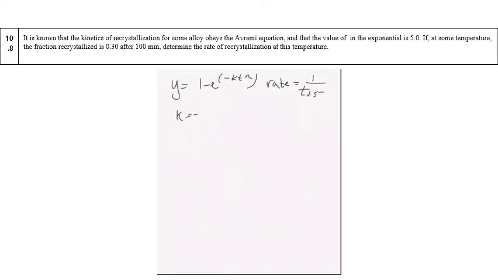To solve this problem, we will use Avrami's equation and the transformation rate equation. We will first solve for the K value. After solving for K, we will obtain 3.57 times 10 to the negative 11.